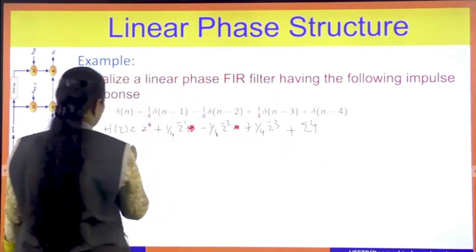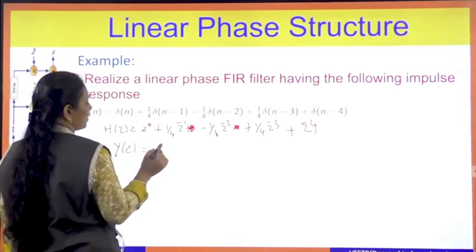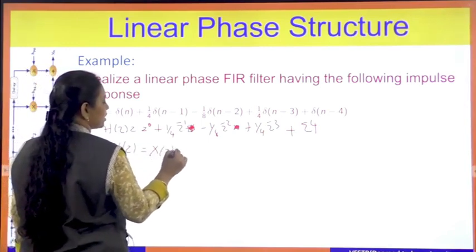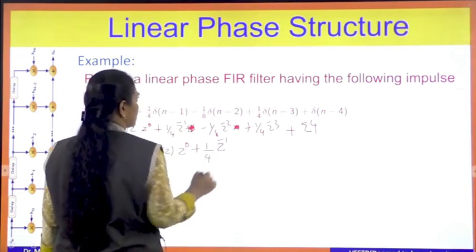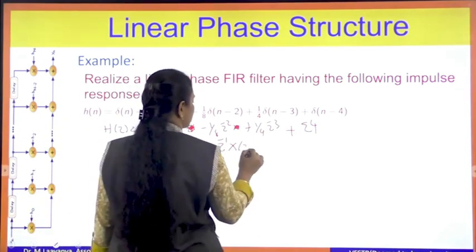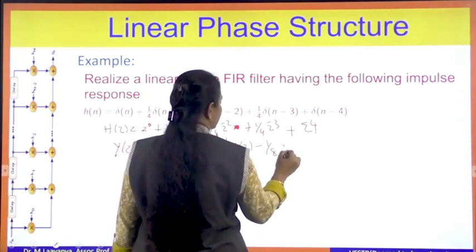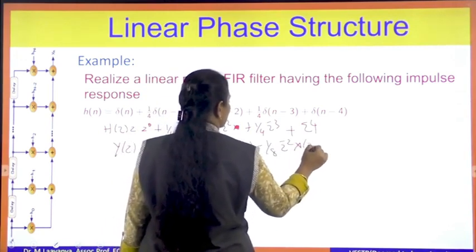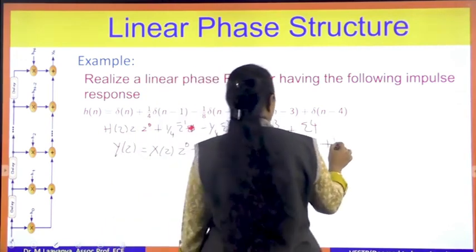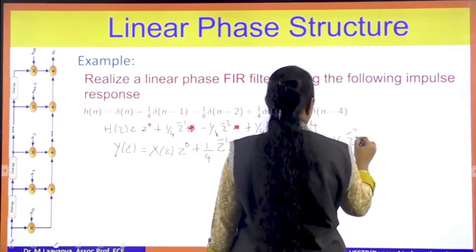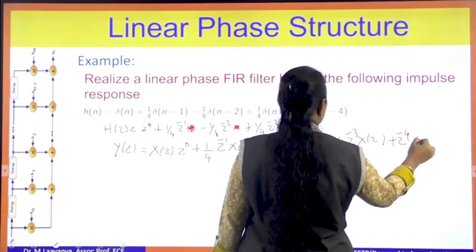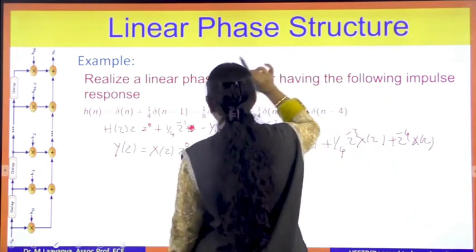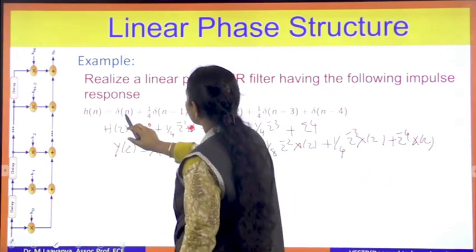And what is my y of z now? X of z power 0 plus 1 by 4 z inverse x of z minus 1 by 8 z power minus 2 x of z plus 1 by 4 z power minus 3 x of z plus z power minus 4 x of z.